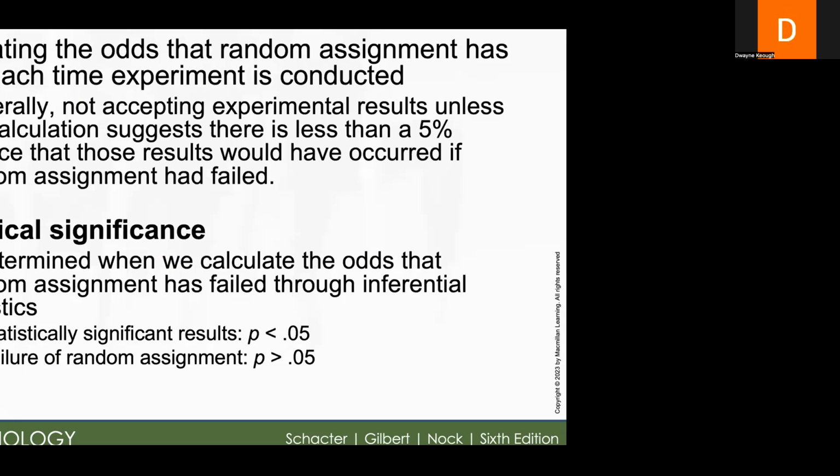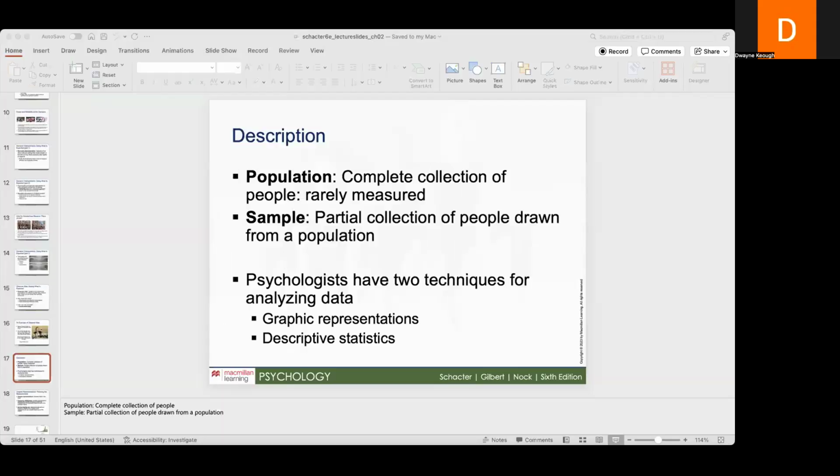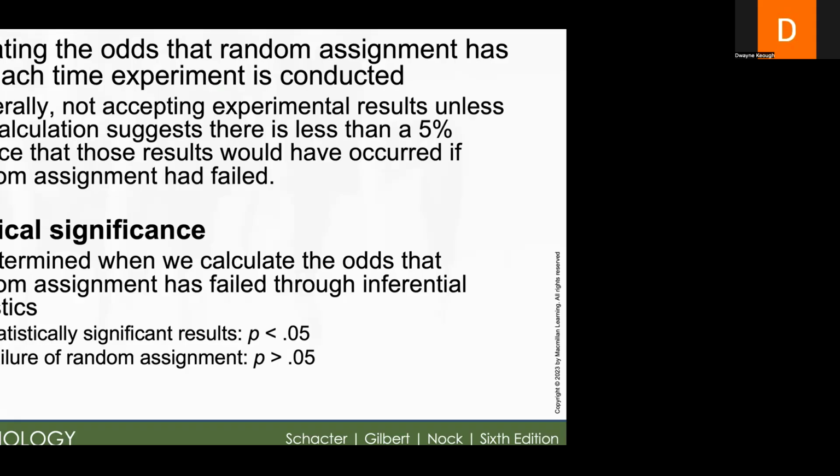And generally, we have a significance level in psychology that is 0.05 or 5%. What that means is generally, we're not accepting the results of a study unless it says there's less than a 5% chance that those results would have occurred randomly.